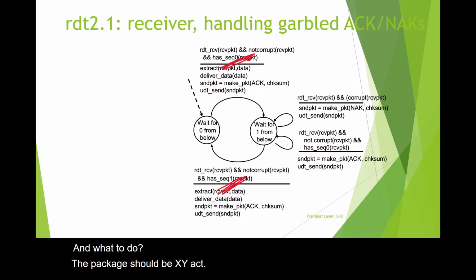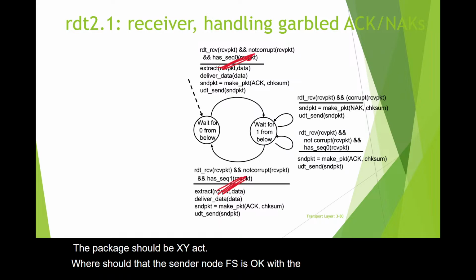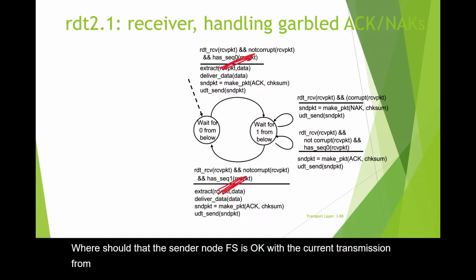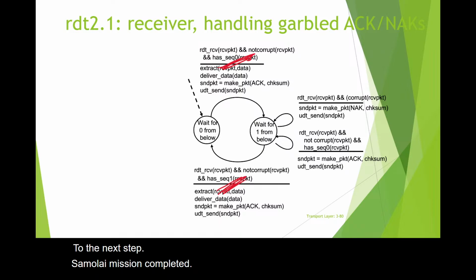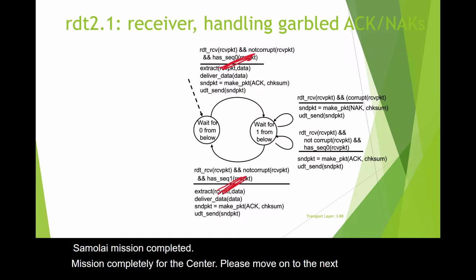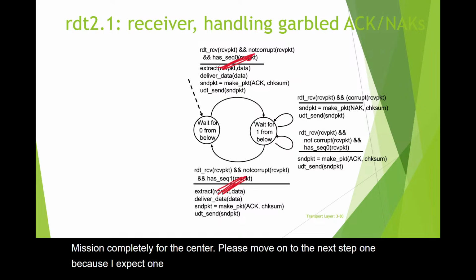We should let the sender know everything's okay with the current transmission from the sender side, so move it to the next step. Something like mission completed for the sender. Please move on to the next step, 1, because I expect 1, not 0. For that reason, we should send ACK to the sender.